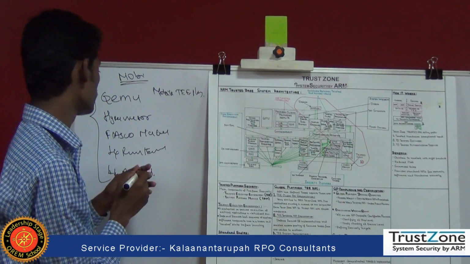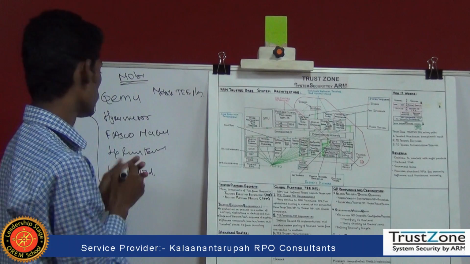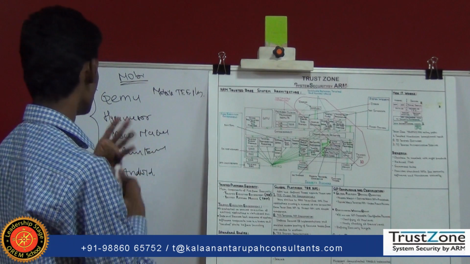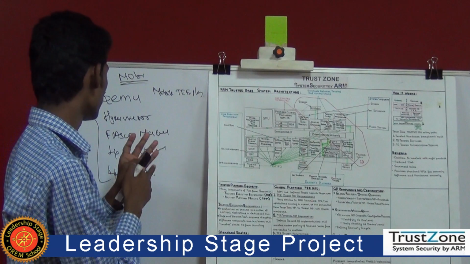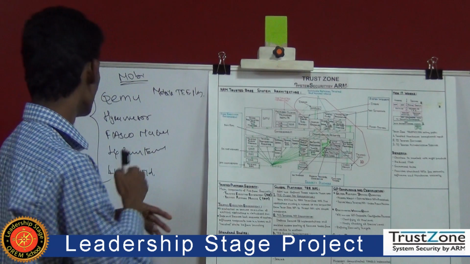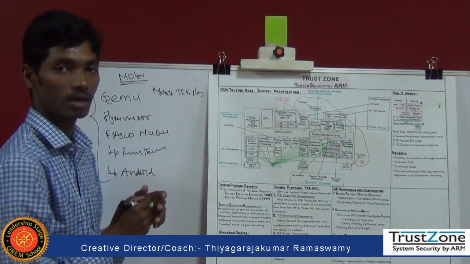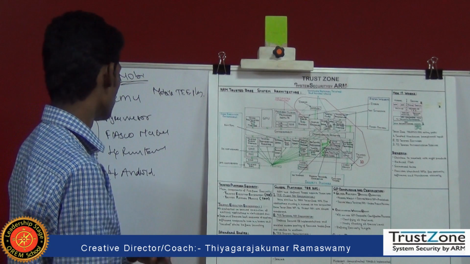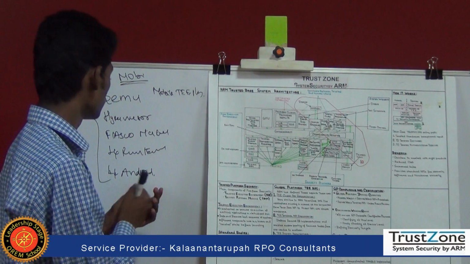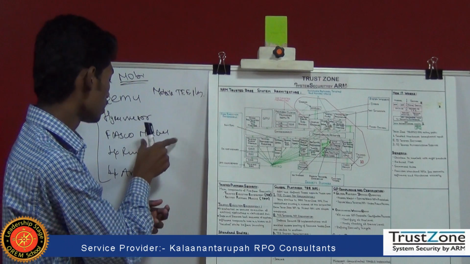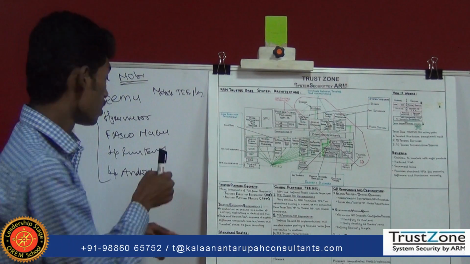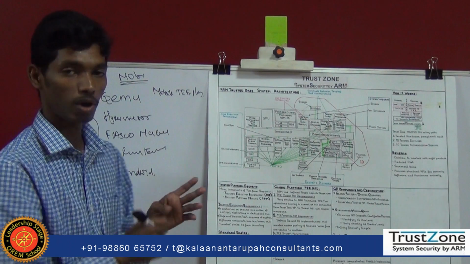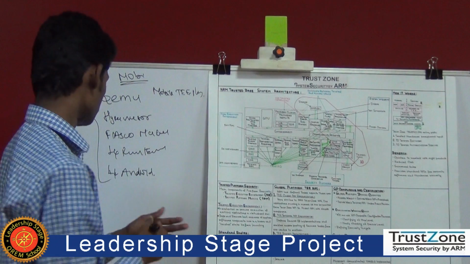First one is QEMU, the quick emulator, which is used to provide security for Android applications, and the hypervisor is the interface between the quick emulator and the other applications running on the OS. And Fiasco microkernel is also an Android security provider, which is used to provide security in smartphones and also tablets.